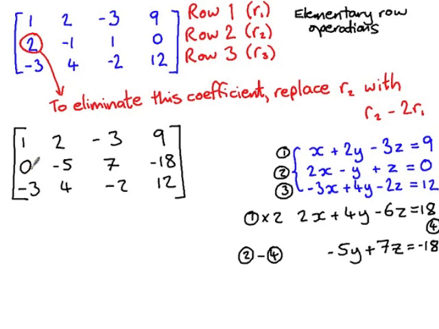So you can see that this new second row, which we found by taking the old row 2 and subtracting 2 lots of row 1, is the matrix form of this new equation. Negative 5y plus 7z equals negative 18. So really it's the same process, but we're not writing x, y and z every time, and we're just keeping track of our moves by writing down what we do with the rows.